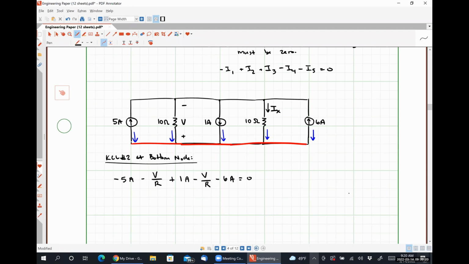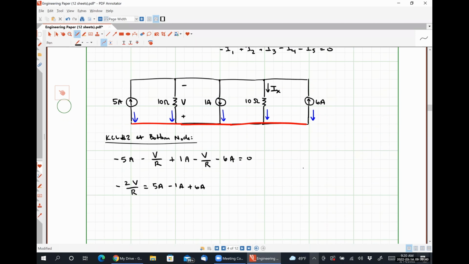I'm going to have negative twice V over R is equal to 5 amps minus 1 amp plus 6 amps, which I can add together to make 10 amps. So that means negative 2 volts divided by R. Sorry, why did I keep saying R? It should be 10 ohms. We have a value for that. My apologies.